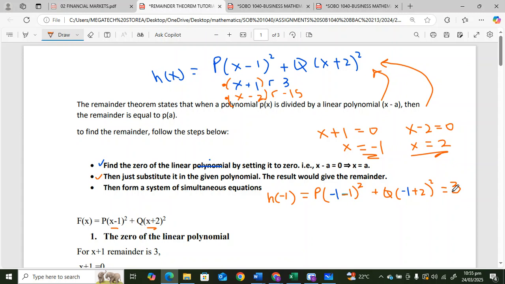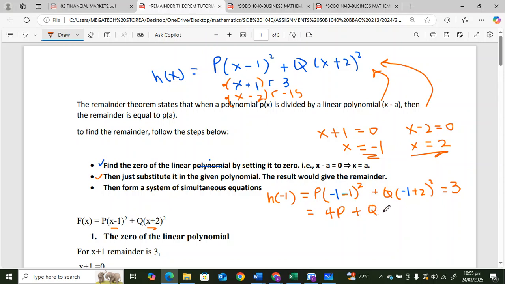And then you simplify now. Negative 1 minus 1, negative 2. Negative 2 squared, that is 4. So you're going to get 4p plus negative 1 plus 2, that is 1. 1 squared times q, you're going to get q.